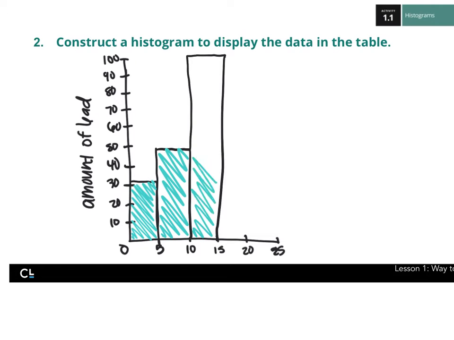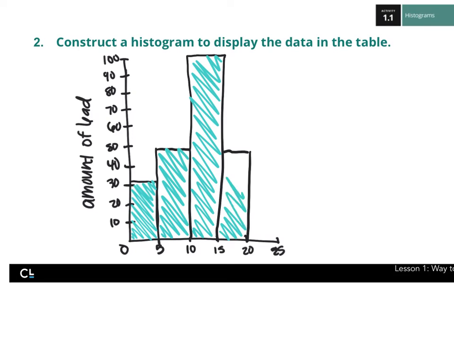Okay, Drake, what's the 15 to 20 bin? 47. Okay, so the other was 48, so try to make it a little below that one to the left. Okay, and 20 to 25.